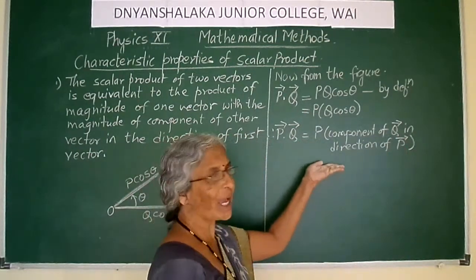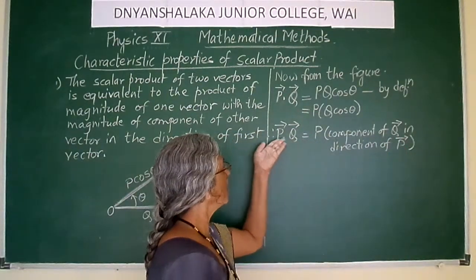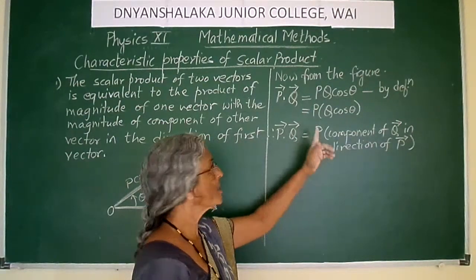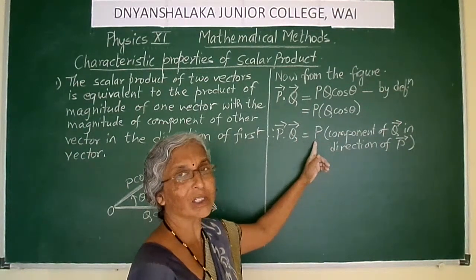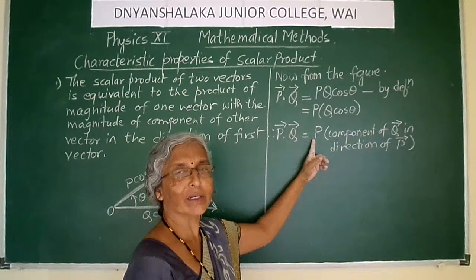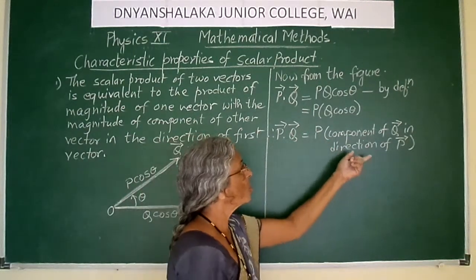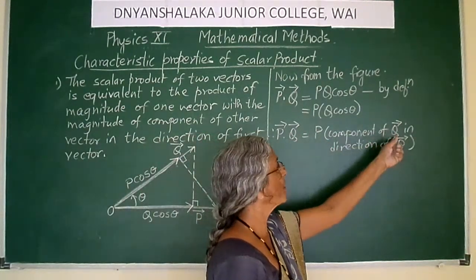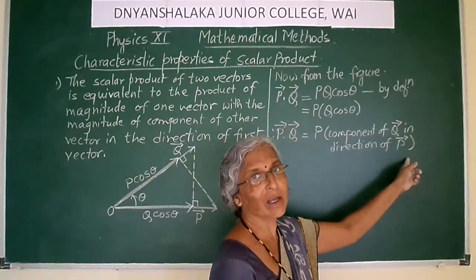Now see what we have written. Vector P dot vector Q is equal to P. What is P? Magnitude of vector P into the component of vector Q in the direction of vector P.